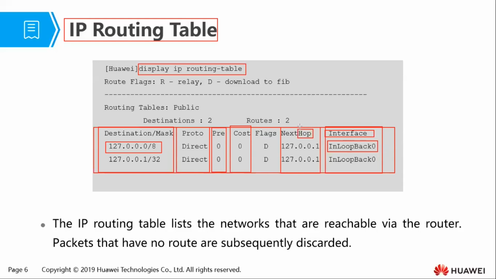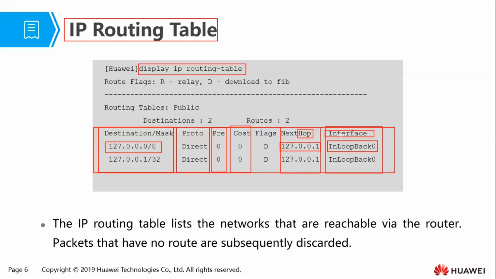Okay, now when the next hop is actually 127, you remember the 127 that was left out between the class A and the class B IP addresses. The 127 address range is used for diagnostics, and when we have the next hop as 127.0.0.1, it simply means that this particular interface is within this particular router. So it's just an internal interface.